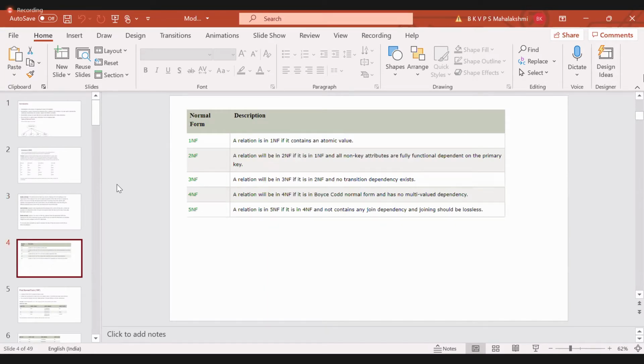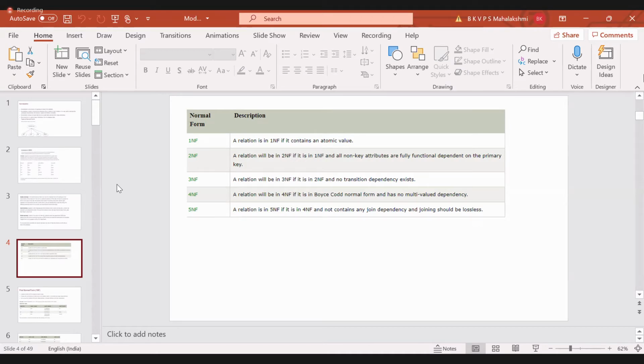We have the normal forms concept. So what are these normal forms? The first normal form: the theory part was already there, so you can go through it. But listen to me. Actually, 1NF is nothing but, in the table, for any attribute, sometimes it has two values.